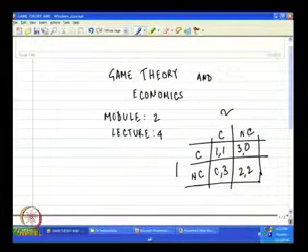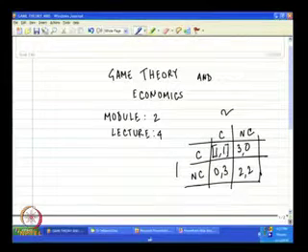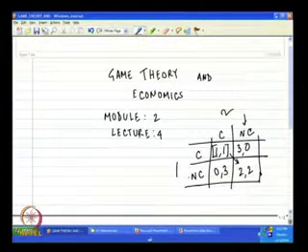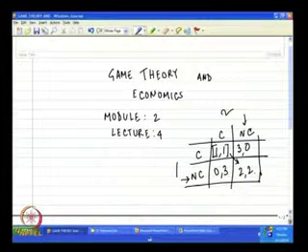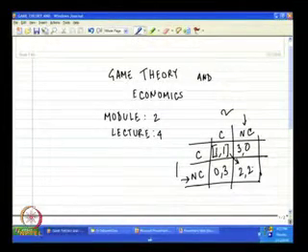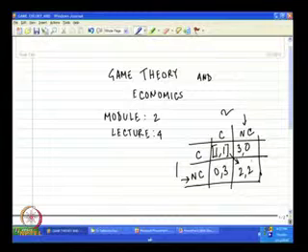So, this was the prisoner's dilemma game that we were discussing in the previous class, and we saw that there was a unique equilibrium, which is CC, which is a bad situation compared to NC and NC, because if both of the players had played NC, then they could have got 2 each, whereas in equilibrium they are playing C and C, from which they are getting 1 and 1. Why are 2 and 2 not payoffs which they could get in Nash equilibrium?